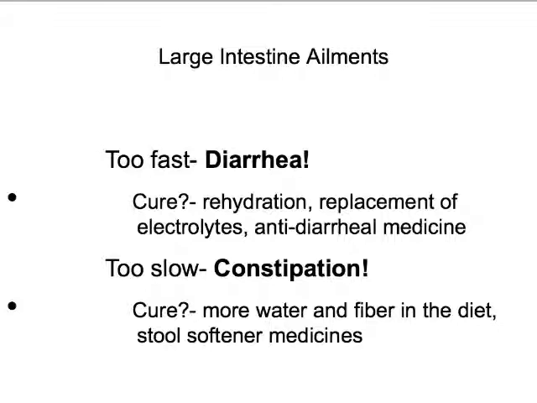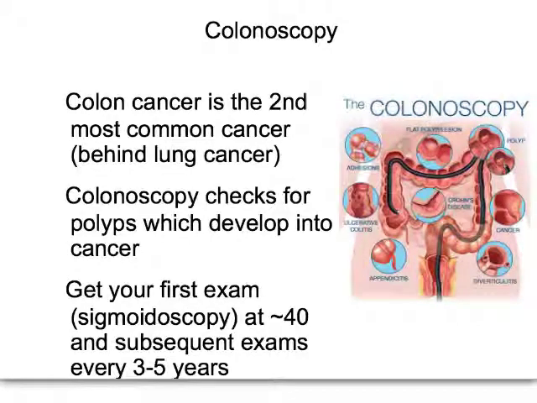All right, last but not least, about the colon, or the large intestine, is a colonoscopy. You guys really don't need to worry about this until you're much older, but a little factoid for you. You might want to start letting your parents know that colon cancer is actually the second most common cancer in America, behind lung cancer.